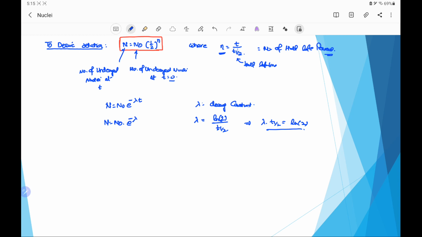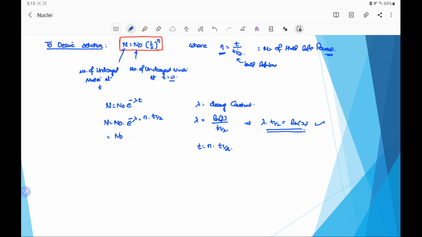Because n is the ratio of the total time divided by the half-life period, we can write that t equal to n into t1/2. And we have also said that lambda into half-life period is equal to ln 2.